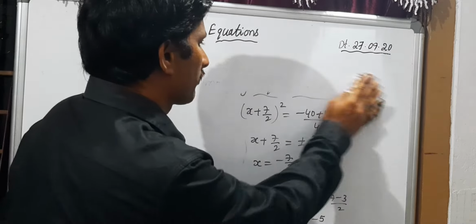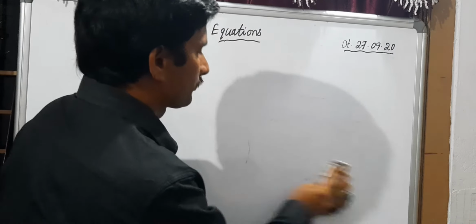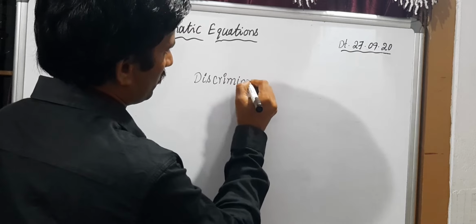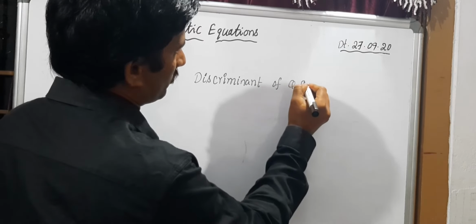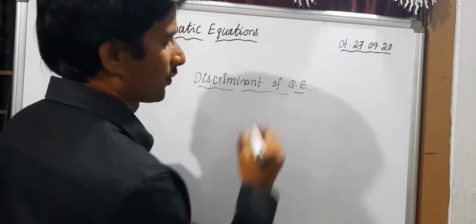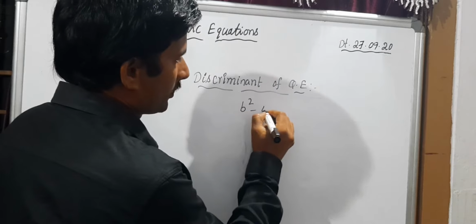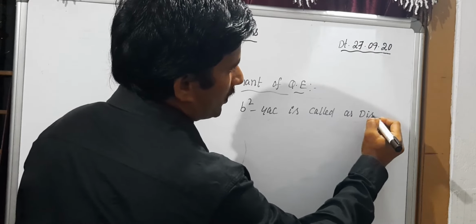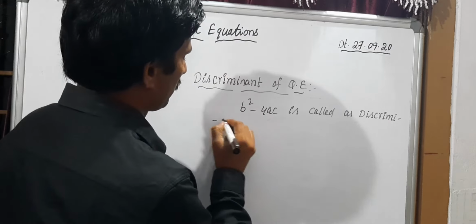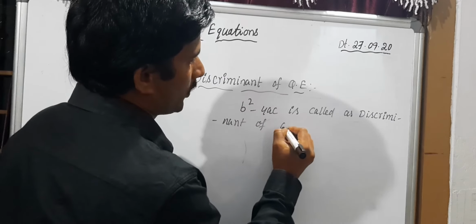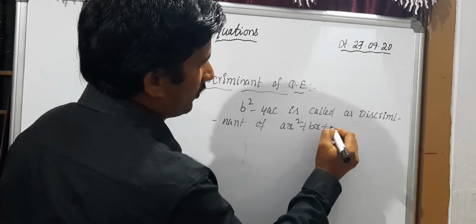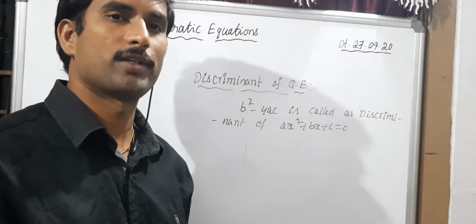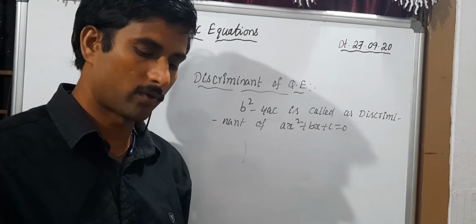Next one, the discriminant of a quadratic equation. What is the discriminant? For the quadratic equation ax square plus bx plus c equal to 0, b square minus 4ac is called the discriminant of the quadratic equation.